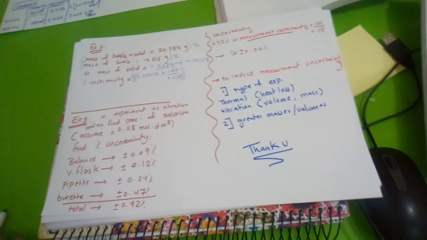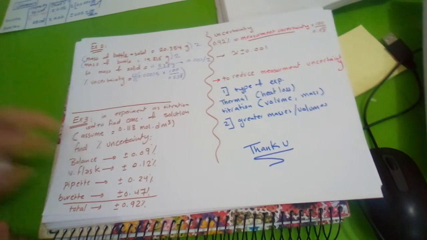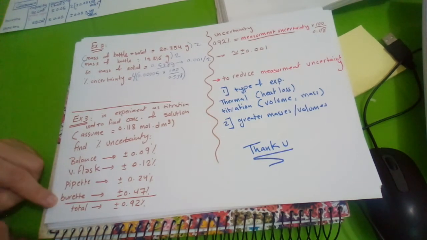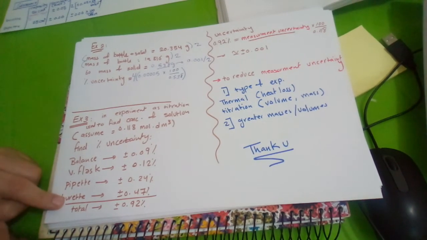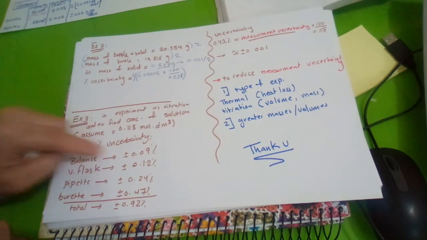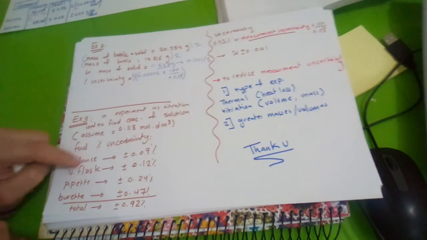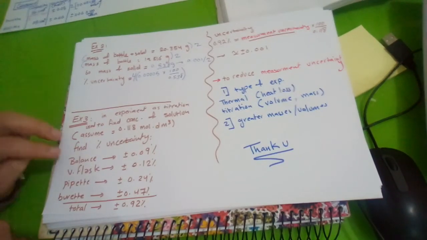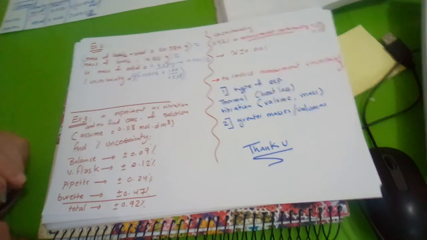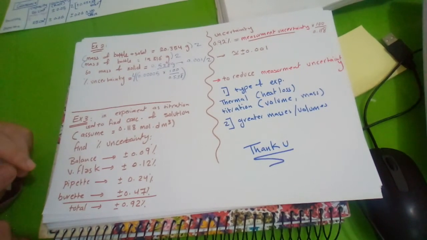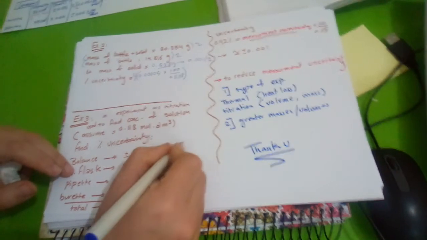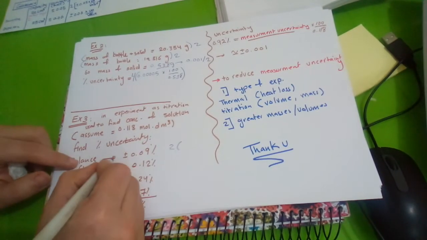In general, in the titration, we use a balance, a volumetric flask, a pipette, and a burette. All of these tools are used, and each one has a specific uncertainty. So I will calculate it as usual, like the previous method. For the balance, I will calculate the percentage uncertainty by multiplying 2 times the measurement uncertainty of that balance.